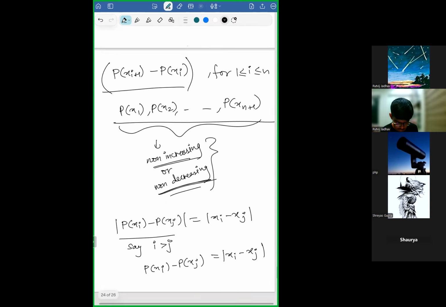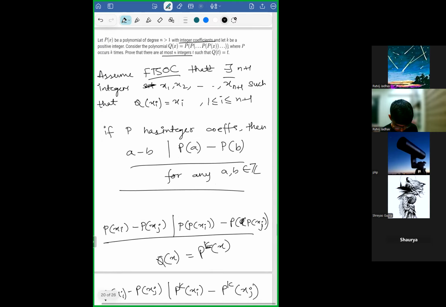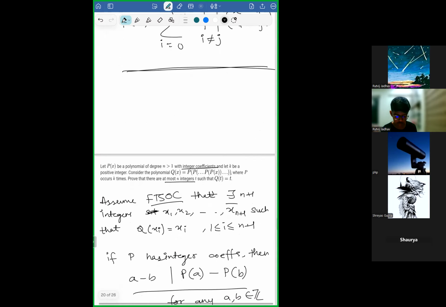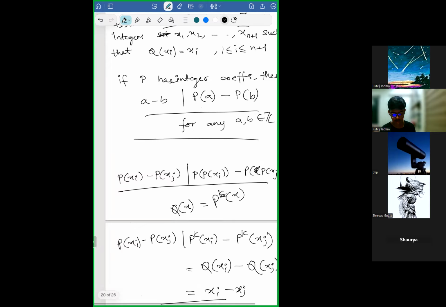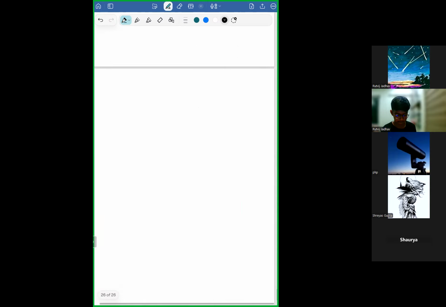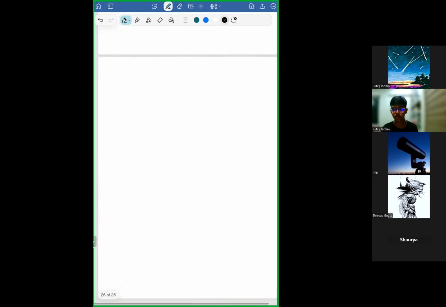Wait, what did we have to find? Yeah, we want a contradiction. We have to prove that at most n integers suffice, right? Yeah. So can you help me find the contradiction now? We are almost done.